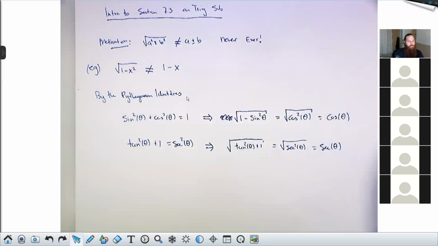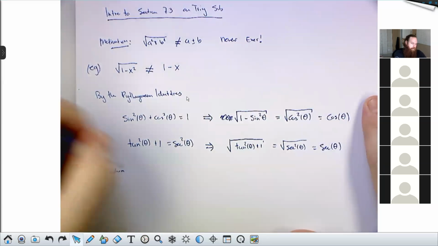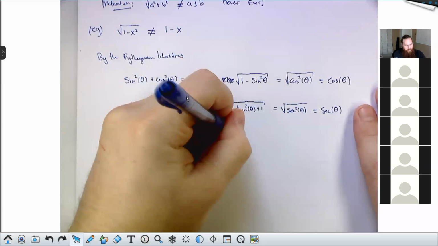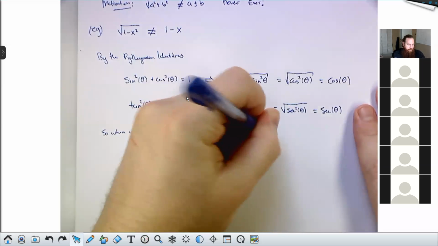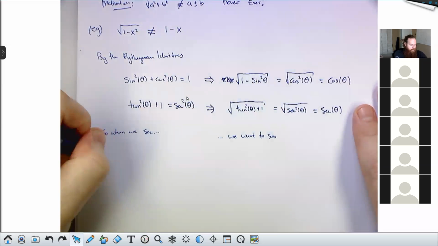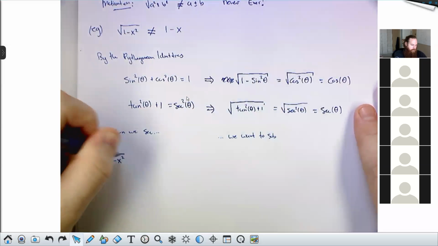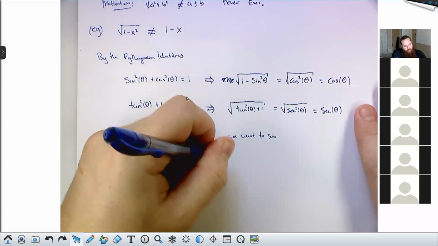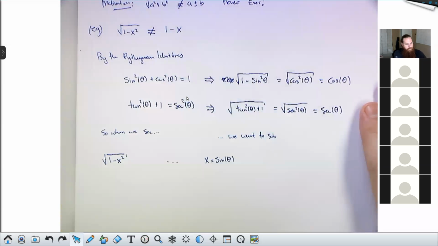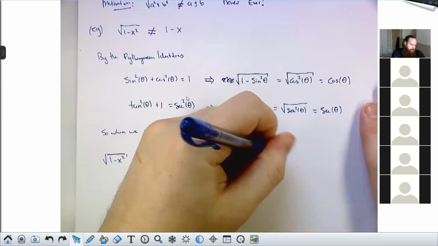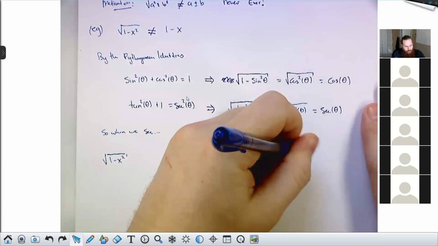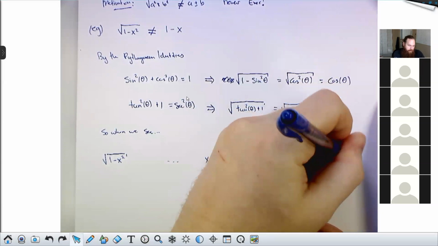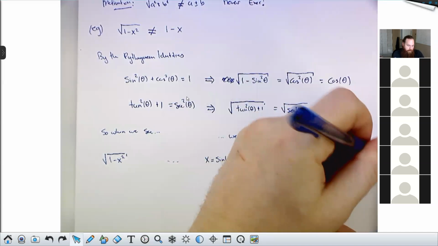Why is this nice? When we see something here in our integral that we want to substitute, if I see a square root of 1 minus x squared in my integral, I want to substitute x equals sine theta, because then the square root of 1 minus x squared would be the square root of 1 minus sine squared theta, would be the square root of cos squared theta, which is just cos theta.